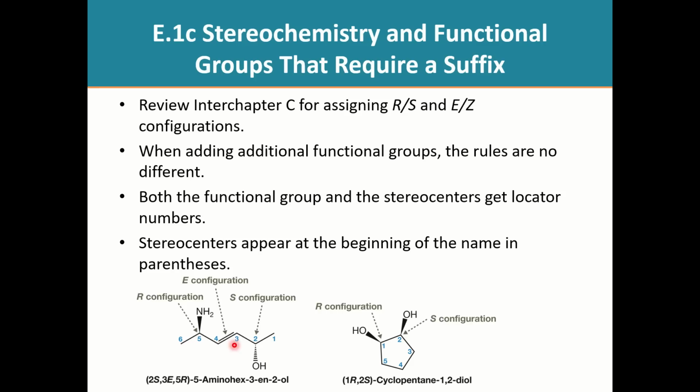In this problem we have 2 stereocenters at carbon 2 and carbon 5, and we have an alkene, which we need to specify as an E or a Z. So we just put them in numeric order, 2, 3, 5, and we put the stereochemical outcome and the configurational outcome, E or Z. Then we name this part right here, just like we've been doing throughout this whole lecture.